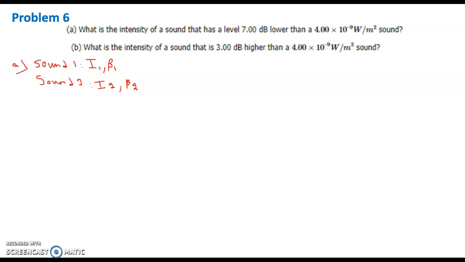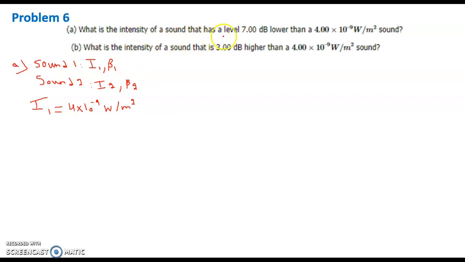We have that the intensity I1 is 4 times 10 power minus 9 watt per meter squared.